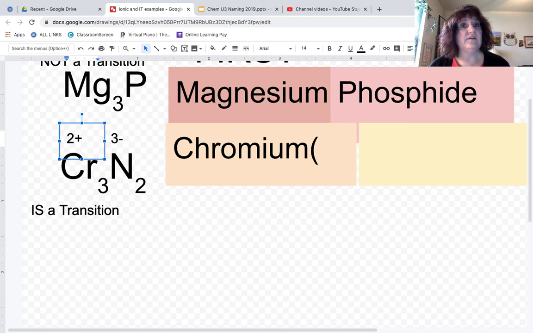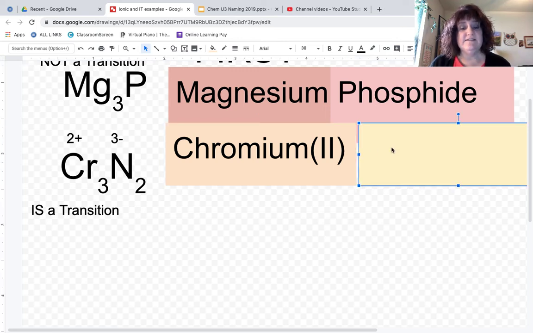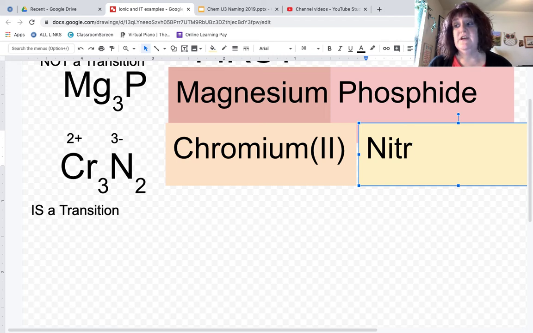That way, when they crisscross, we get Cr3 and 2. Chromium 2, and then our last name is nitrogen. Take off the gen, and it would be nitroide. But there's some weird English rule about having two vowels next to each other. So we would take out the O and leave it as nitride. And that is a transition, okay?